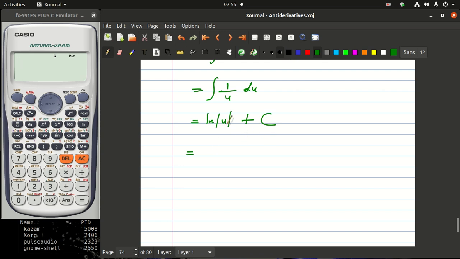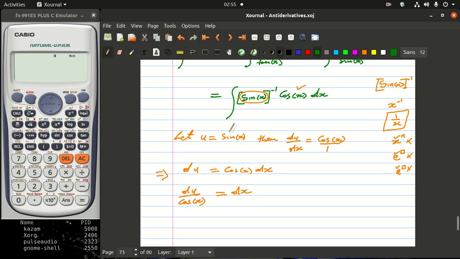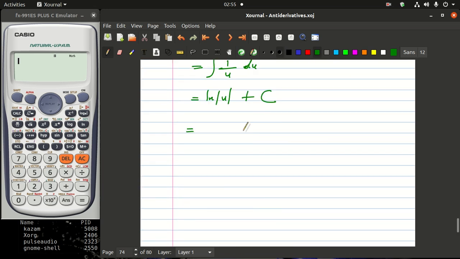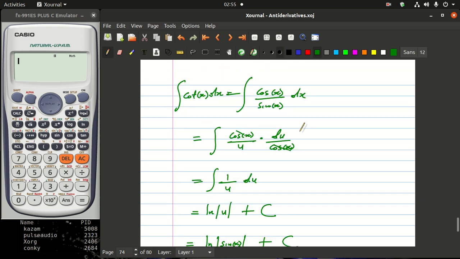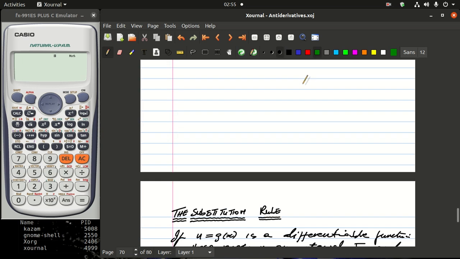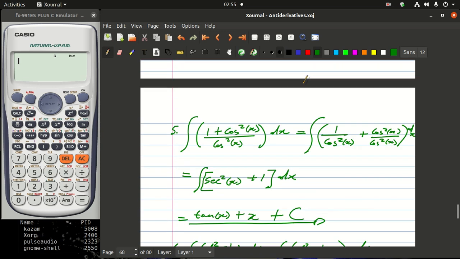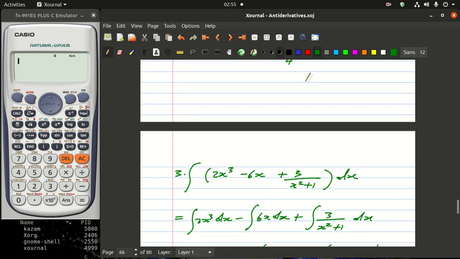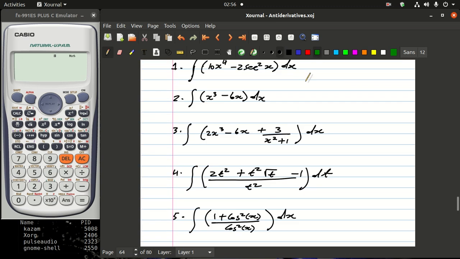And what was our u? You go back and look at your u. Our u was sine of x. Therefore, this is going to be just the natural log of sine of x. So we take the absolute value because the ln cannot take negative values there. And also, if you look at our integration table, we had it somewhere there.